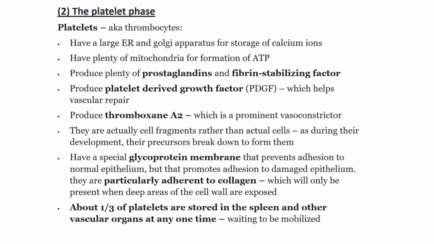In the platelet phase, you bring platelets to the site of injury under the effect of, for example, thromboxane A2, which will lead to vasoconstriction and platelet aggregation, and ADP, which will lead to platelet aggregation. Again, the platelets in your circulation are found inactive, and under the effect of thromboxane A2, platelet-derived growth factor, and ADP, they become activated and are brought to the site.